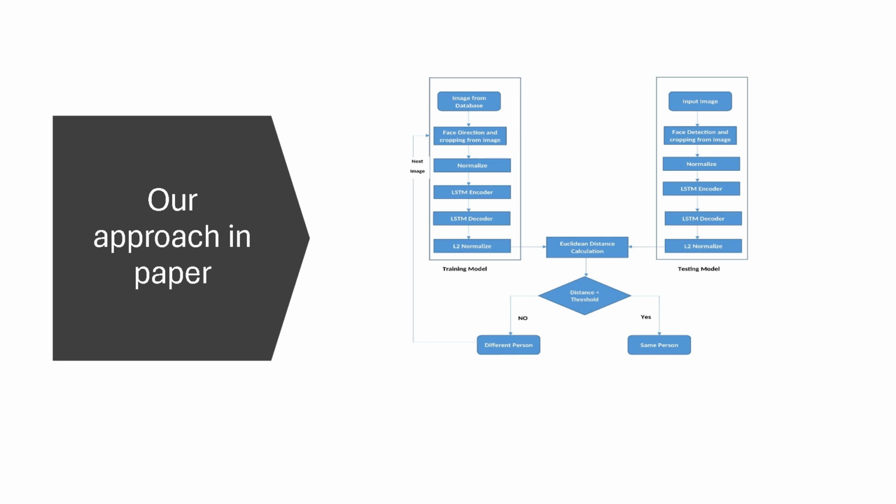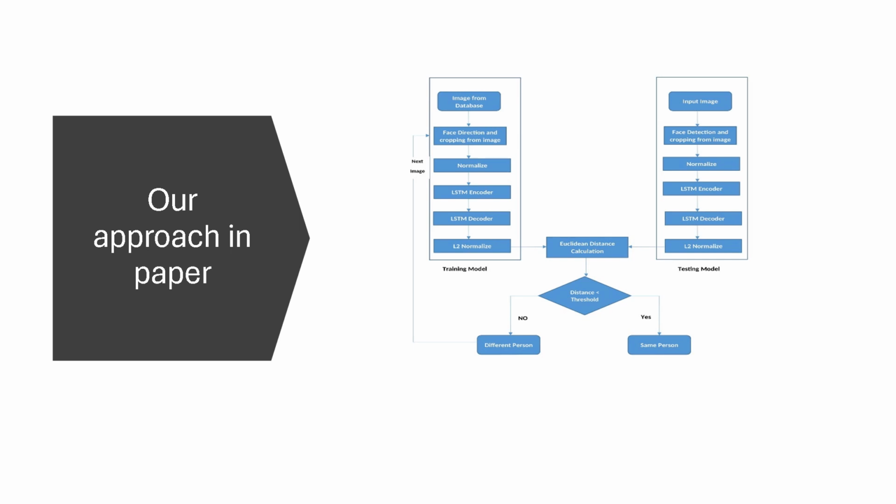So first we'll take the image, then the same steps, detection and cropping from the image, then we'll normalize the unknown image, and then we'll feed that to the LSTM encoder, and at the next step to the LSTM decoder, and then after L2 normalization we'll have an image. Then that image will be fed to the prediction model.